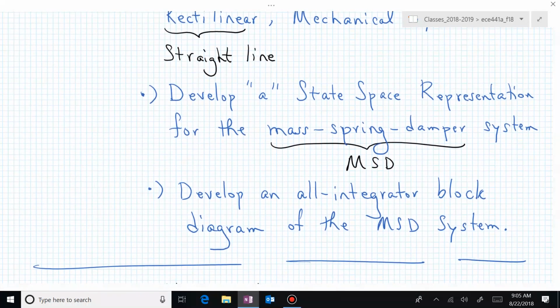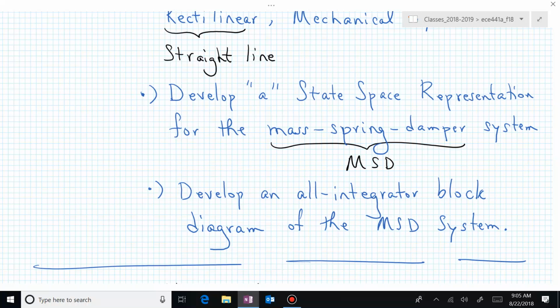Then once we find the equations, they will be in the form of a differential equation. We'll then look at how we develop a state space representation for that system of equations. And the quotes are on the "A" because we could have 100 different state space representations, and they could all be for the same system, and they could be equivalent.